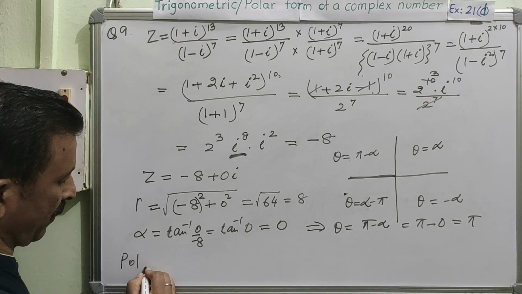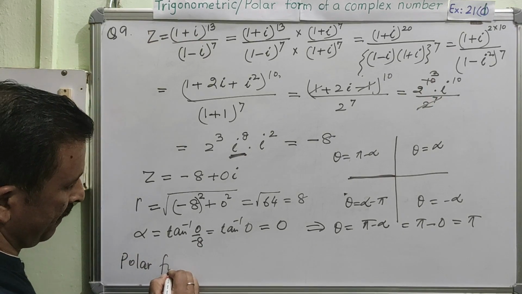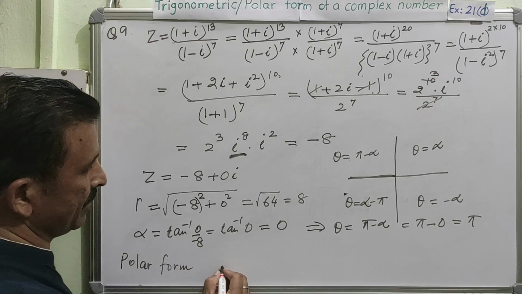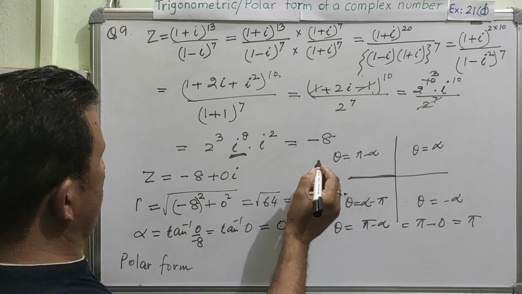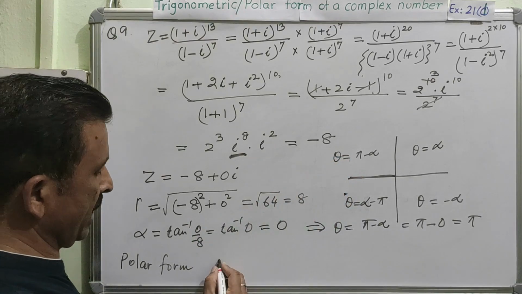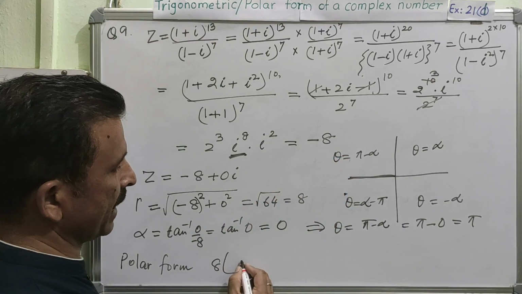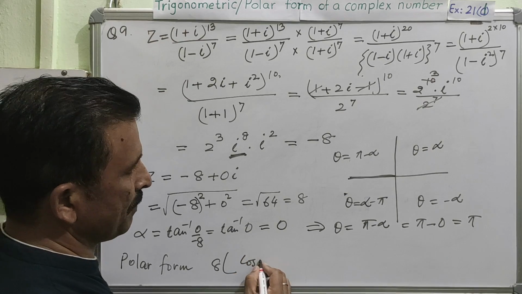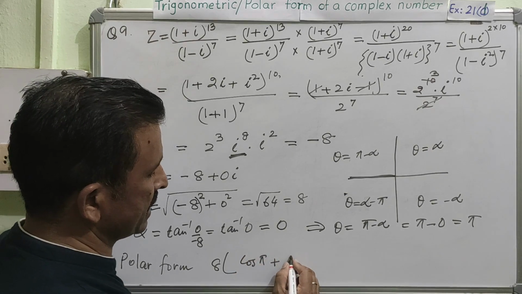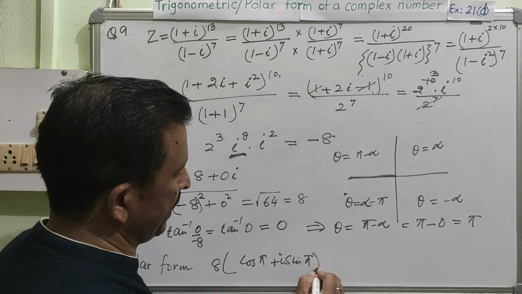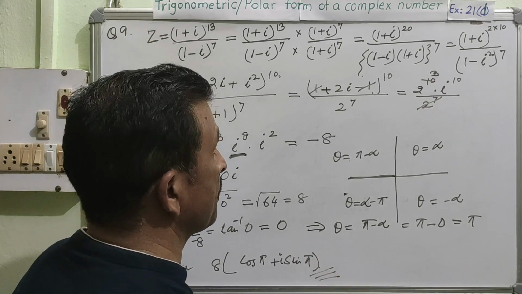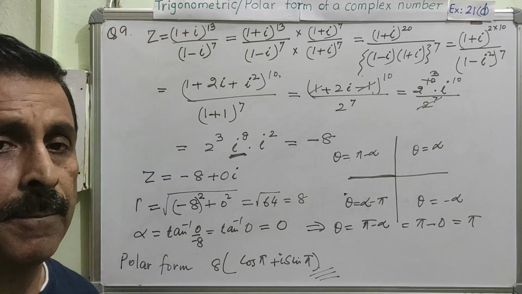Therefore the polar form of the given complex number can be written as r, where r is calculated as 8. So 8 times cos of pi plus i times sine of pi, and this is your final answer. Is this very clear?